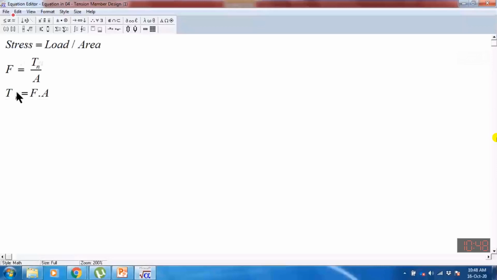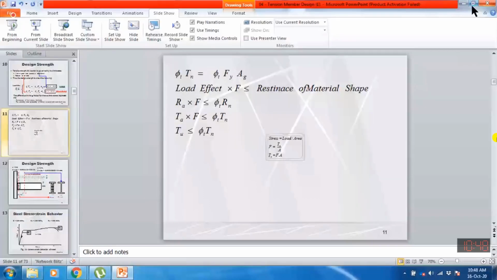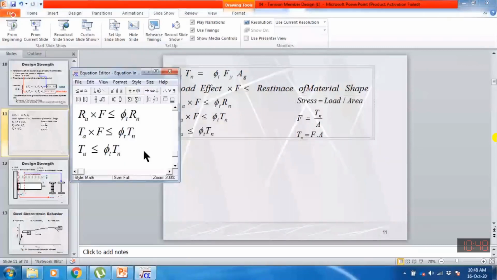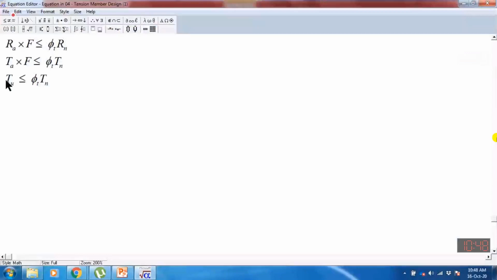So from this equation, I will substitute this value over here. Tn will be equal to Fy. So now I'm replacing this Tn with F dot A. So technically, this will be my equation number 1.